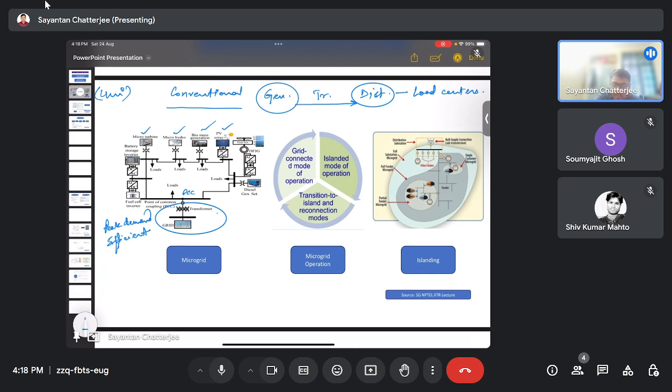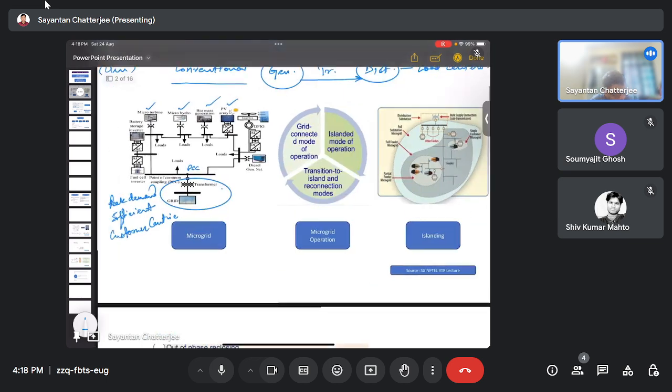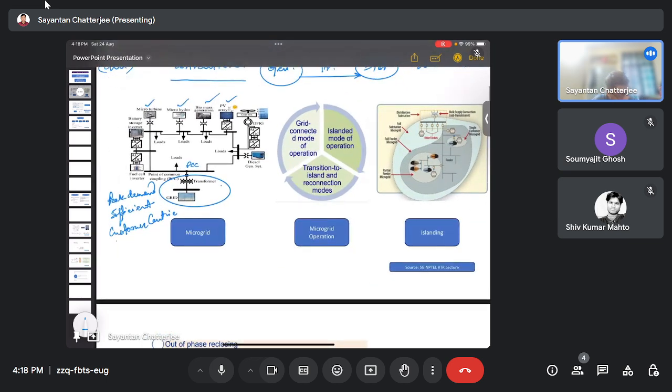So this becomes a part of efficiency. They are also more customer centric.